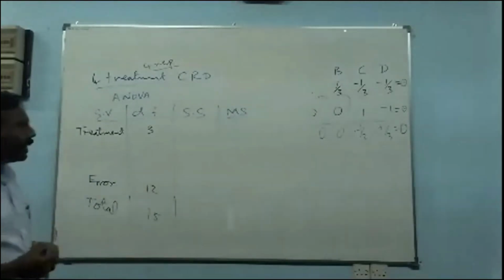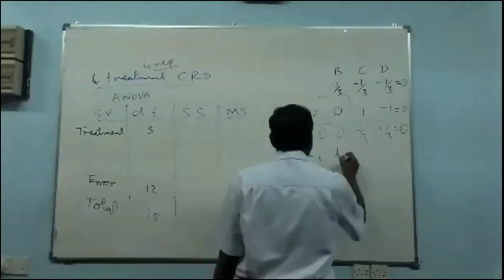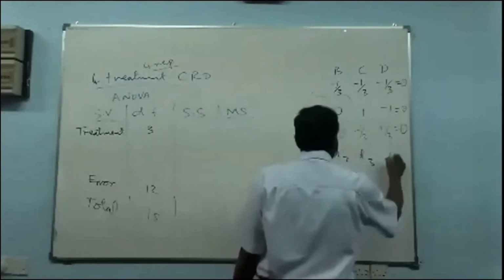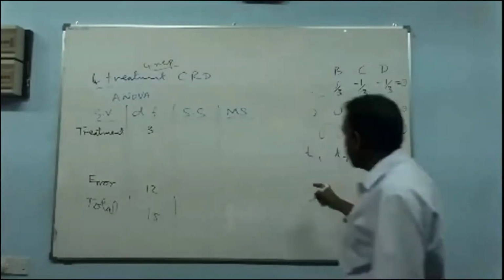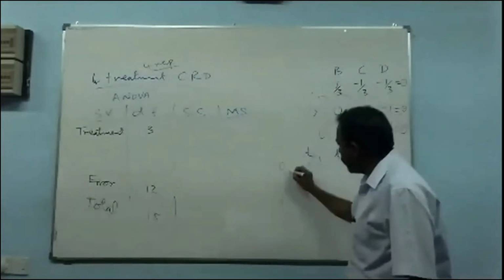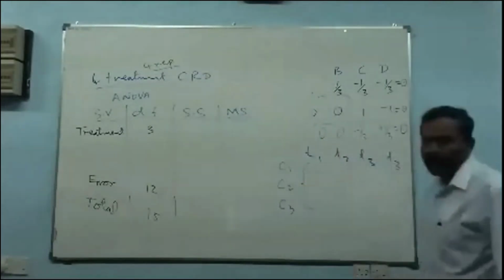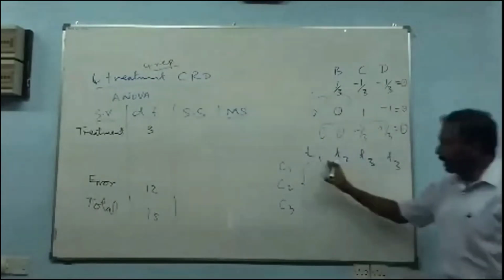Now we said if we have 4 treatments, T1, T2, T3, T4, we can maximum develop how many contrasts? We can maximum develop 3 contrasts. T minus 1.